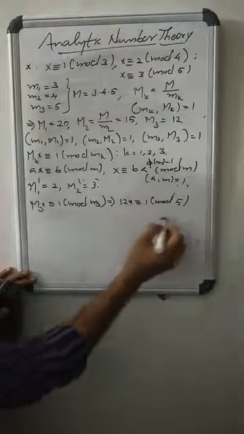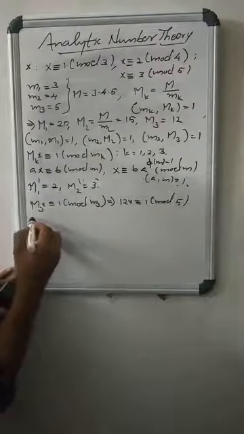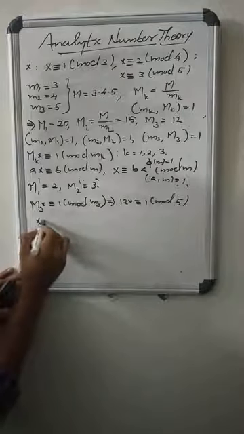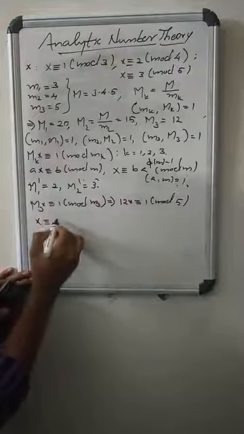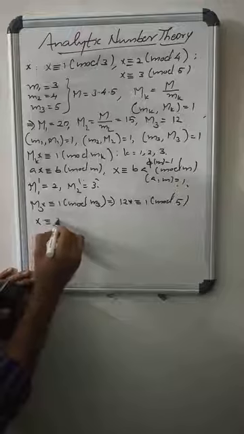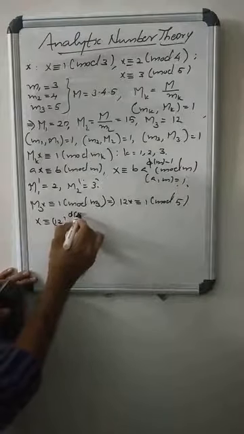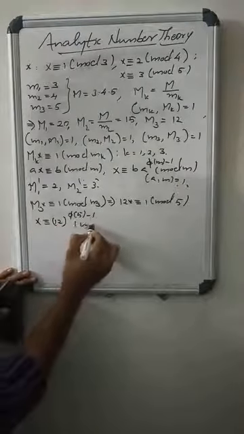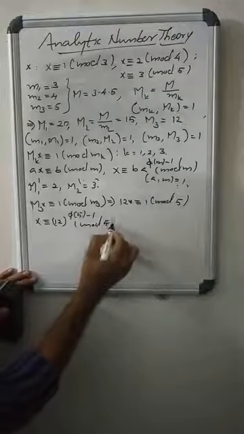Since 12 and 5 are relatively prime, there exists a unique solution, x ≡ 12^(φ(5)−1) mod 5.